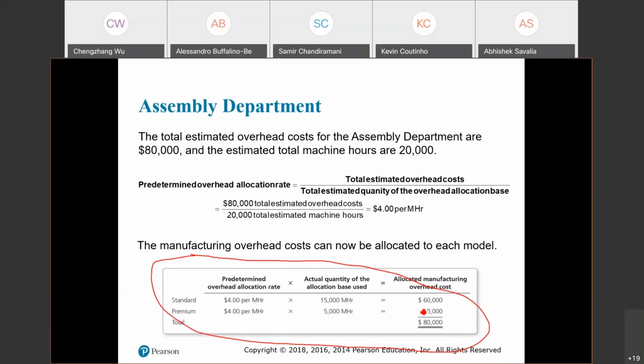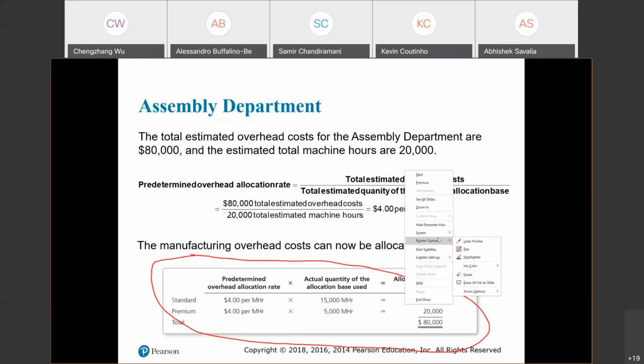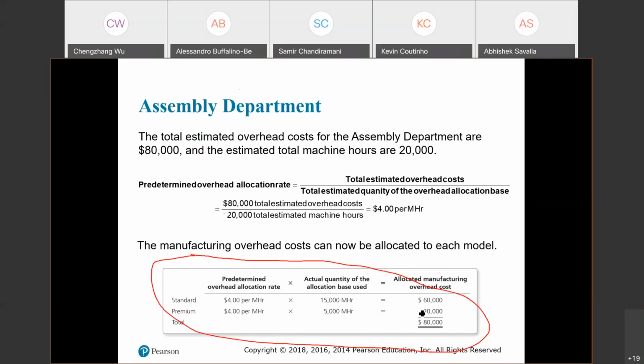We get $20,000 to be allocated to the premium model.